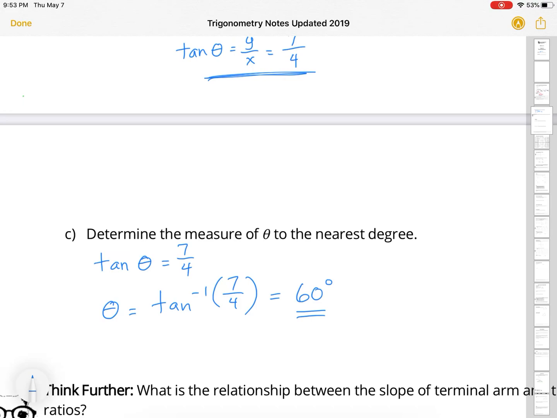When you put that in, you get 60 degrees. Now, check that so that you can make sure your calculator is in degrees, not radians. If you put that in and you don't get 60 degrees, then that means your calculator is on the wrong setting. I get 60.25 and so on.